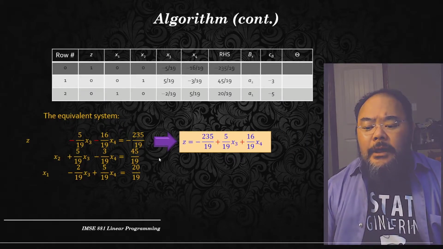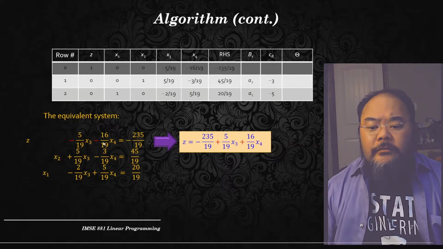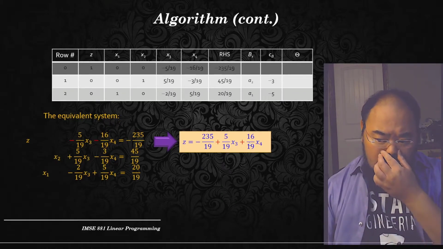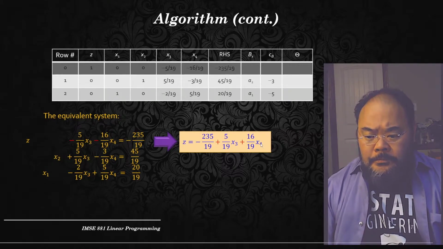And we can check that. If we move these two elements to the right hand side, we have negative 235/19 plus 5/19 times x3 and plus 16/19 times x4.